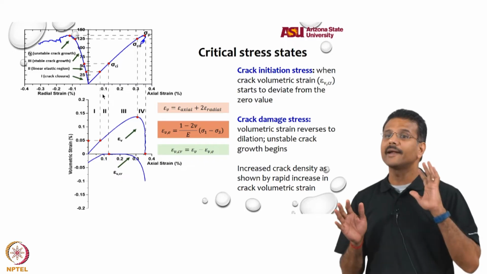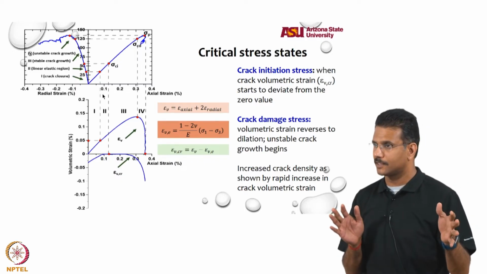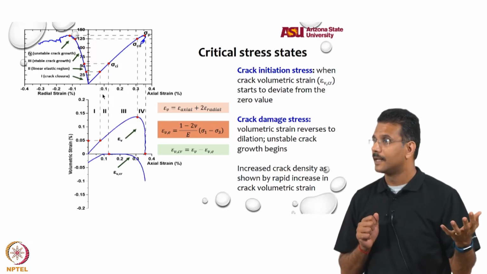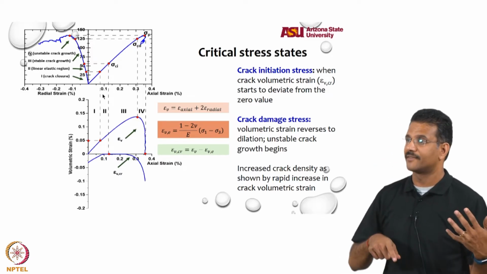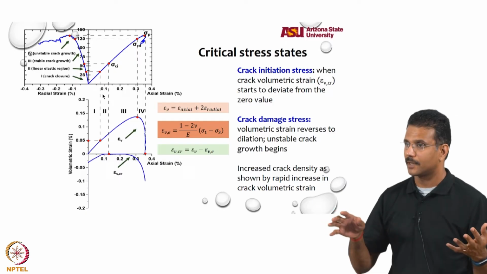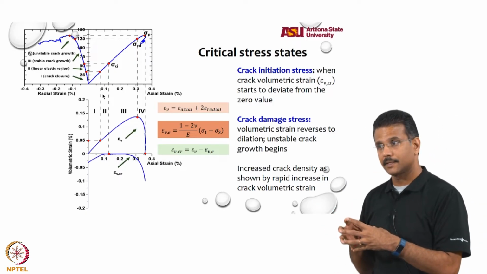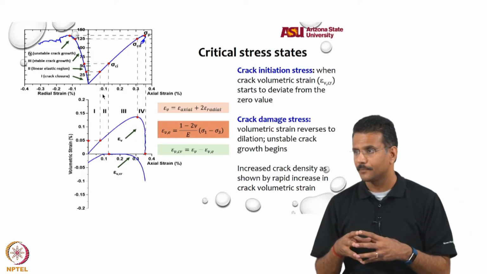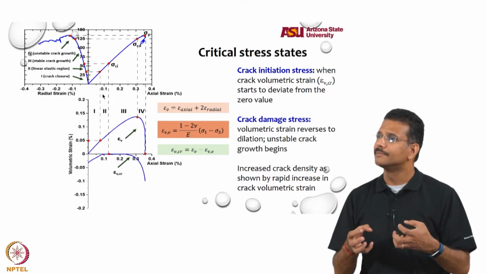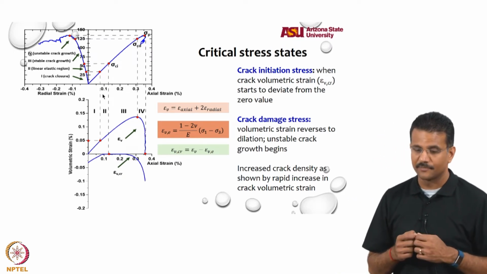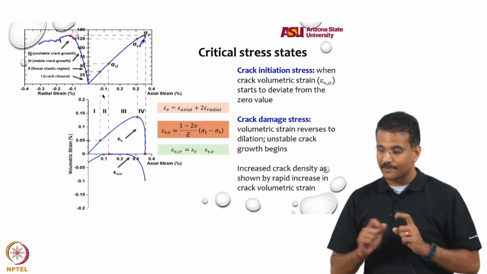So now I am not defining my linear elastic regime as 75% of peak stress like you normally do, or wherever the tangent intersects. It is now based on the crack volumetric strains, more fundamental, more material response related rather than a random fixture of points. So that is the crack initiation stress.